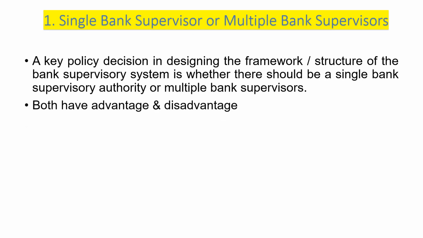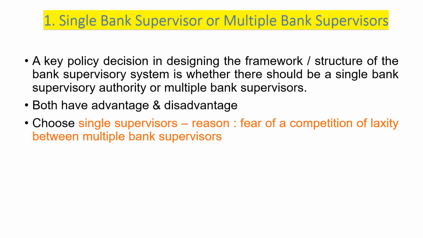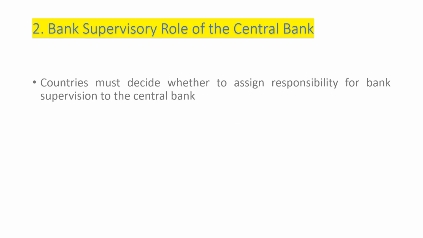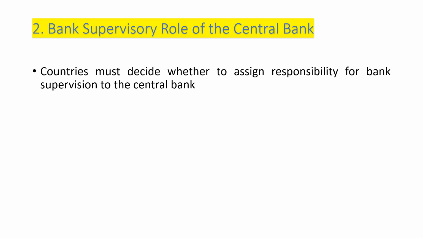Both have their advantages and disadvantages. Those who choose a single bank supervisor have the reason of fear of a competition in laxity between multiple bank supervisors. Meanwhile, those who choose multiple supervisors have the reason of benefits of a competition in ideas among multiple bank supervisors.